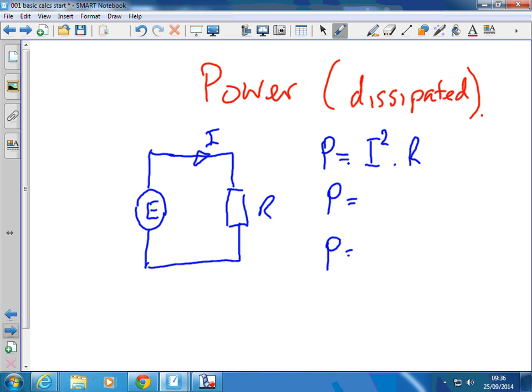There's a version involving V and R, and there's a version involving I and V. P is I times V, yeah. And the third one is V squared divided by R.